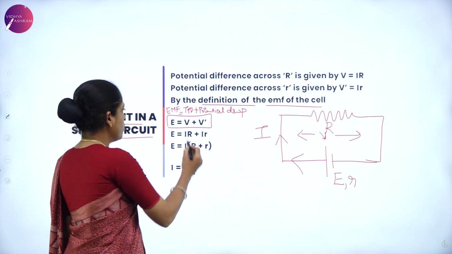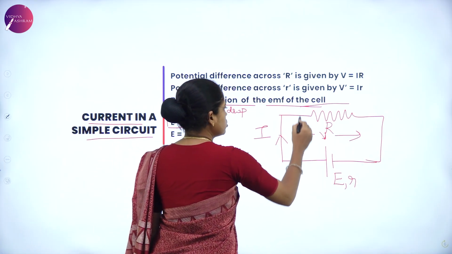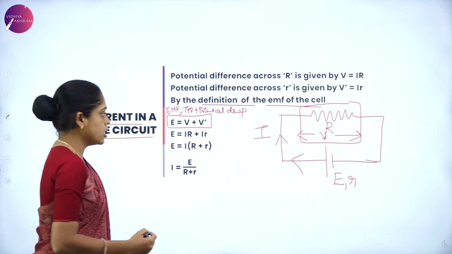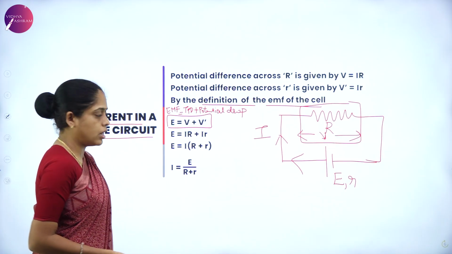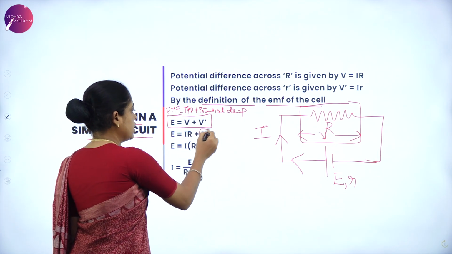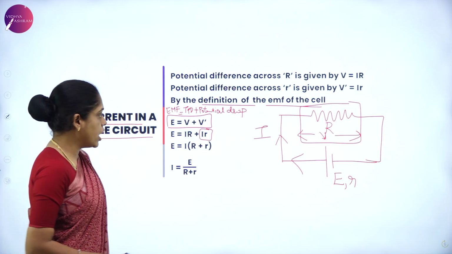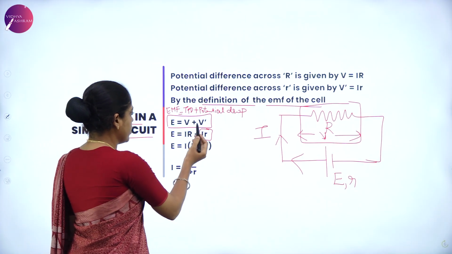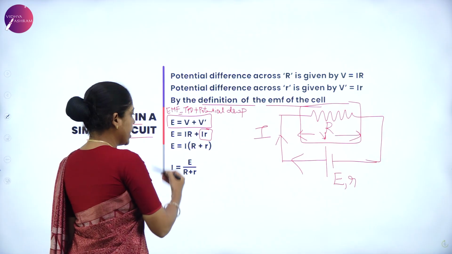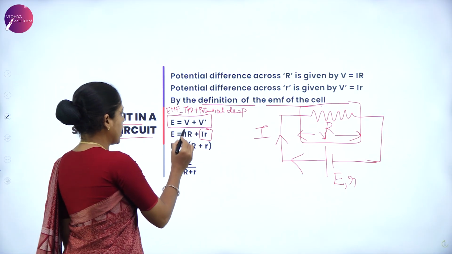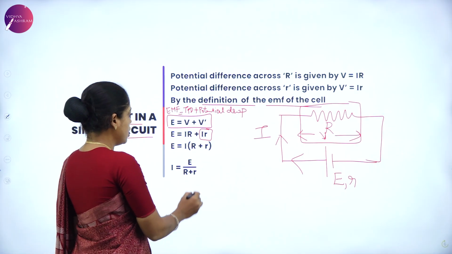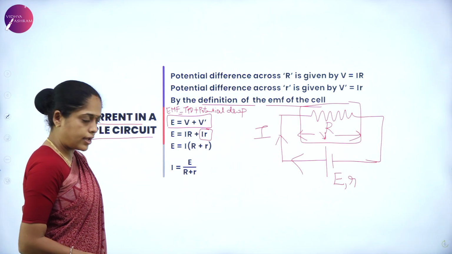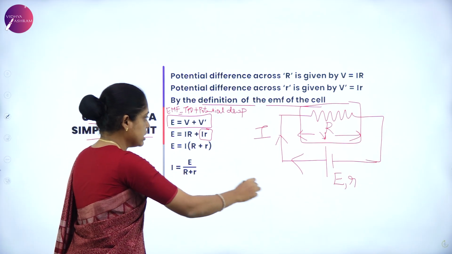To the next step: terminal potential difference across the resistor is given by I into the resistance of the resistor, which is represented by capital R, plus the potential drop due to the internal resistance small r, which is given by I into small r. In this, I is common, so take I as common. In the bracket, we have capital R and small r. And from this, rearrange to get the current expression for a simple circuit.